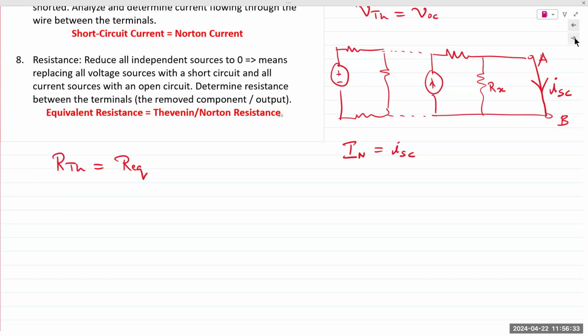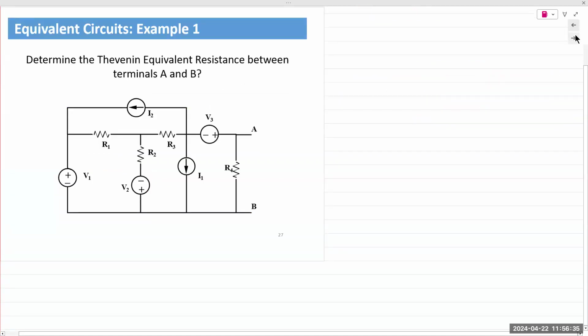So in the few minutes we have left, let's look at a straightforward example. Here, the question simply asks, find the total equivalent resistance, the Thevenin resistance between terminals A and B. It does not say as seen by, or if the component is a load or a second network or anything like that.